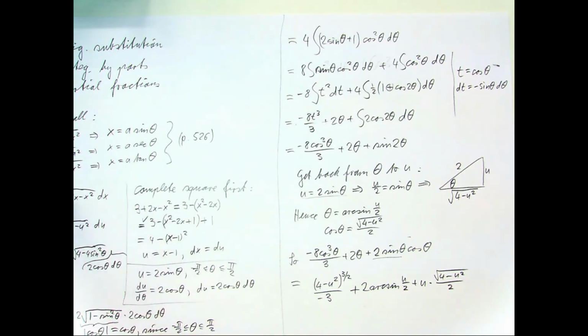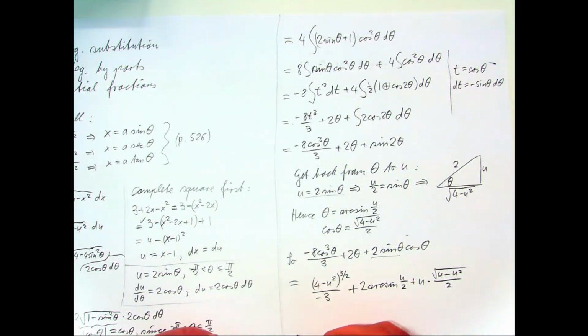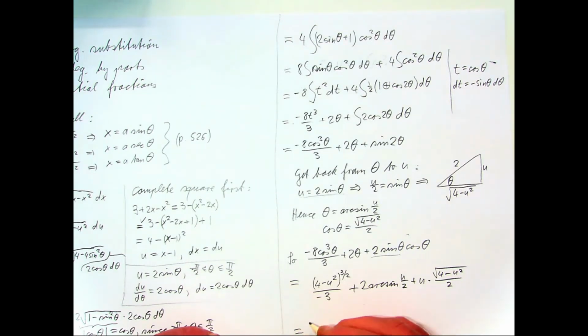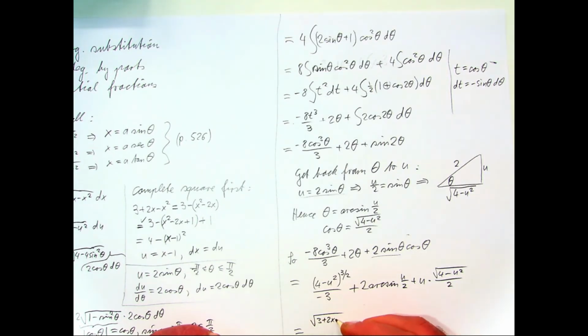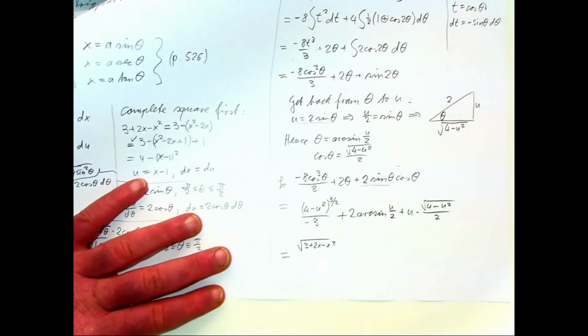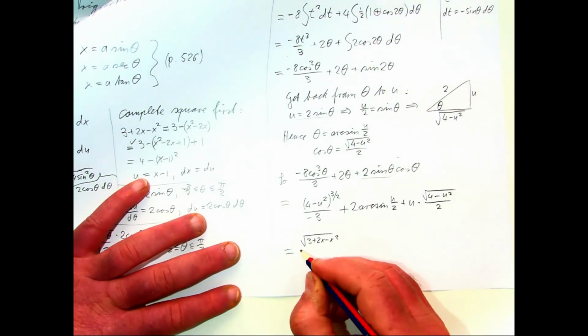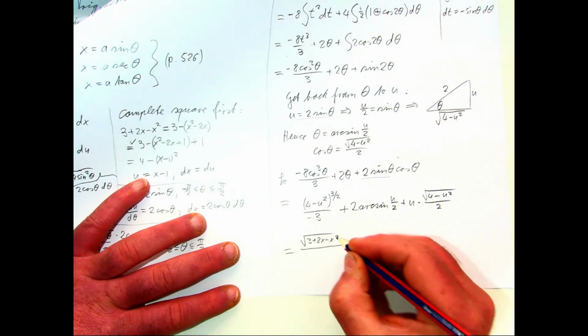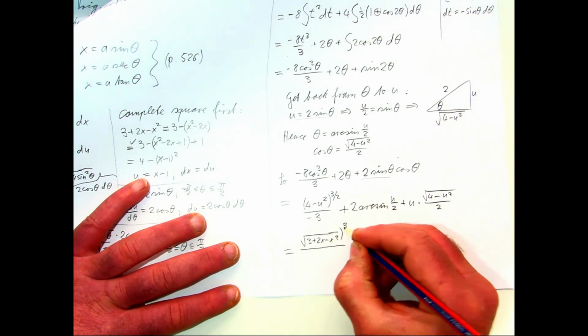So we might as well take that again. So it is then this original root, 3 plus 2x minus x squared. Maybe we should put that up, over to the power 3 over 2.